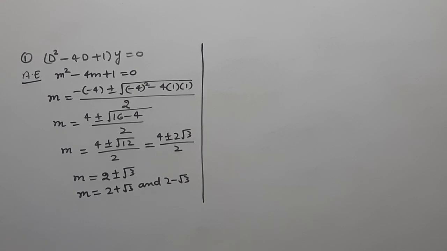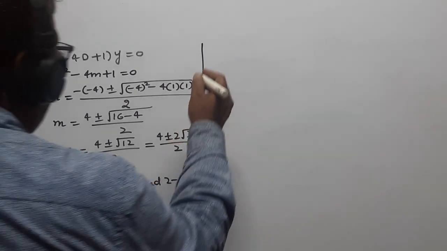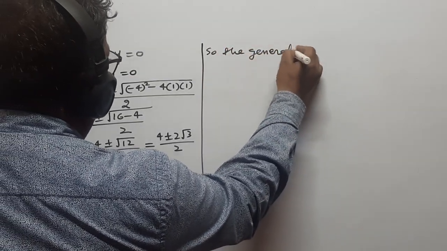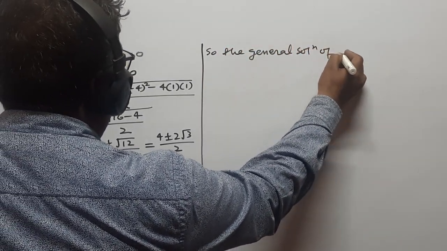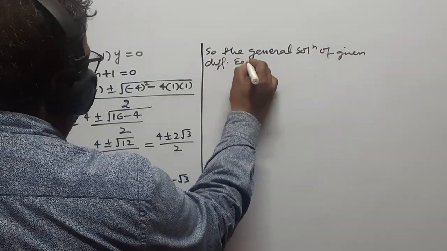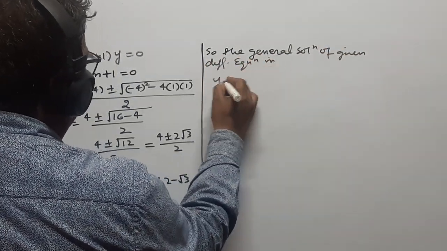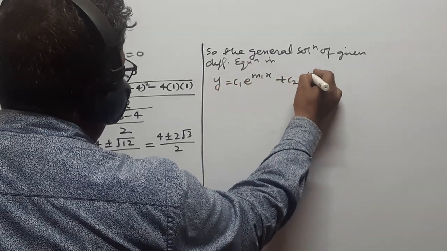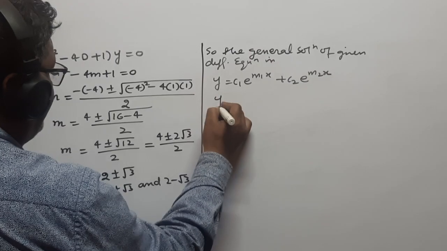Now we find the general solution. The general solution of the given differential equation is y is equal to c1 e to the power m1x plus c2 e to the power m2x.